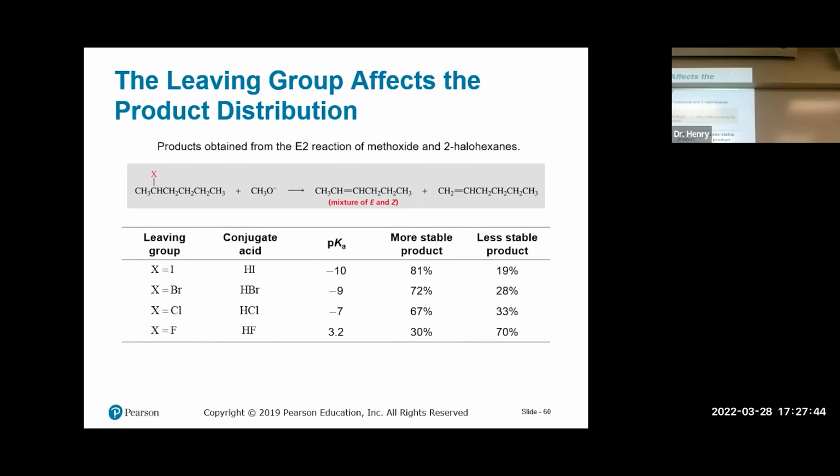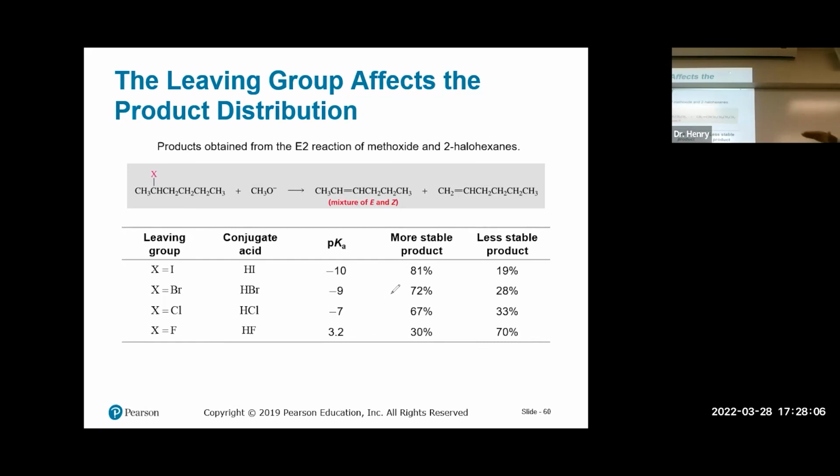In the case of the products that are going to be obtained here, if X is iodide, then the more stable product is going to be higher.